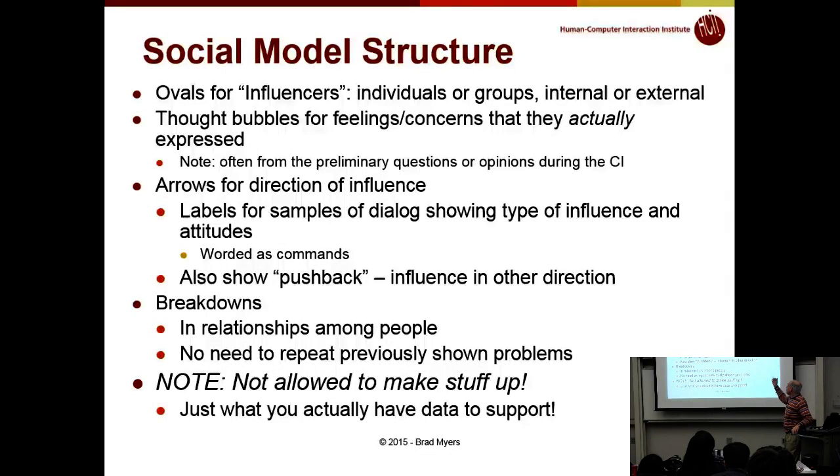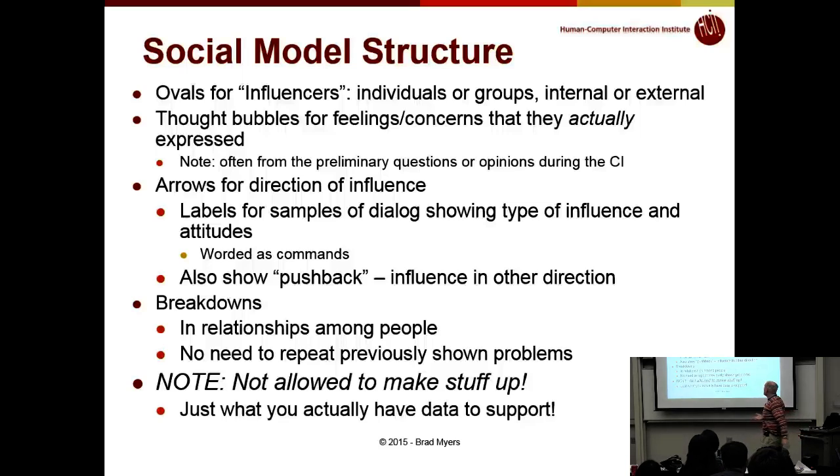So how do you do a social diagram? One is you'd have circles for all the people, again, the influencers. Most people will have thought bubbles where you put their opinions about stuff, and that comes out of the people. So it looks different than a flow model because it'll have these thought bubbles. And there are directional arrows like the flow model, but these arrows are different.